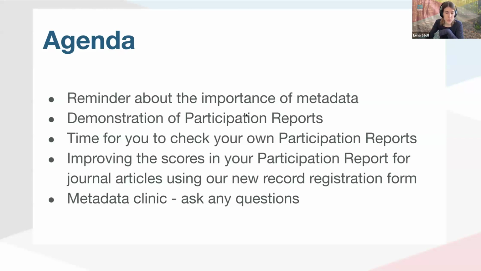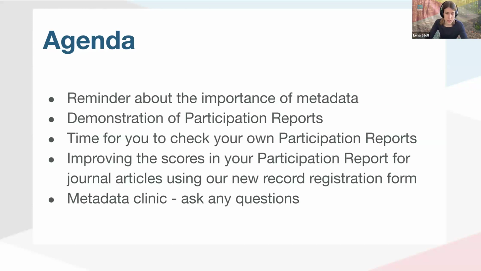And in that time, we'll talk about the importance of metadata, although if you're joining today, hopefully that means you already care about metadata, which is great. We will demonstrate our participation reports tool for you. We'll look at a few examples. We'll also encourage you to look at your own participation report and understand what it means. And then we'll have a look at our new helper tool for journal article content registration that we launched a few months ago.